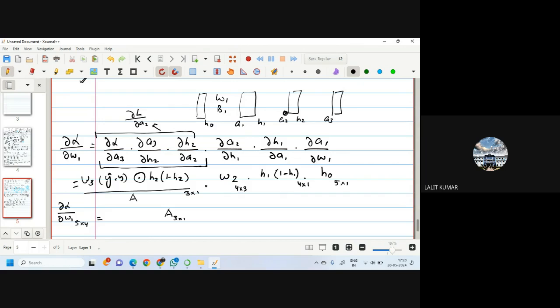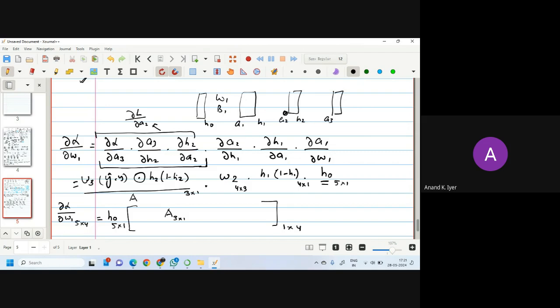This is clear? So to get a 5 into 4, this H0 will come here, at the beginning. And the size of the rest, when you multiply by this, we have to get 5 into 1, so I have to multiply something like 1 into 4, then only I'll get that matrix.